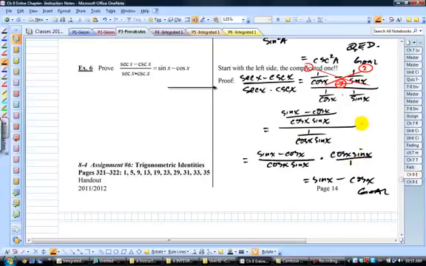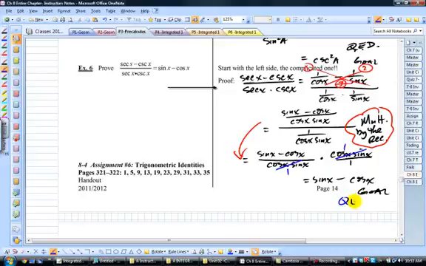Again, multiply by the reciprocal. So from here to here, multiply by the reciprocal. And then show you're simplifying. Cosine x times sine x divides out, and you get your end goal. Sine x minus cosine x divided by 1 is itself.